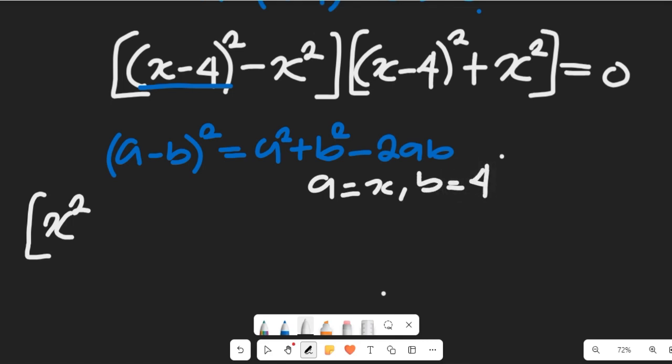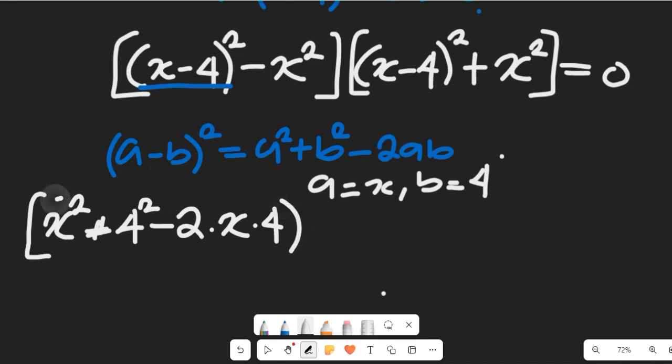So if we expand that, we'll have x squared plus 4 squared minus 2 multiplied by x multiplied by 4. That will now be the first expression all in brackets, and this will be minus x squared. This will be closed bracket. Then we'll open the other bracket.